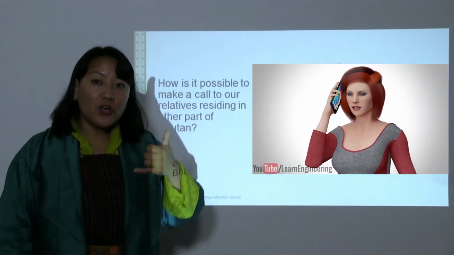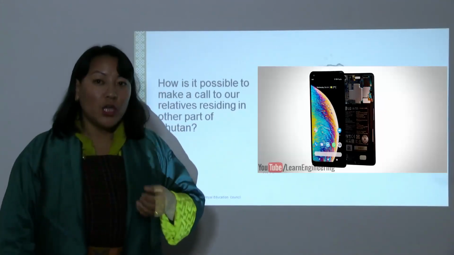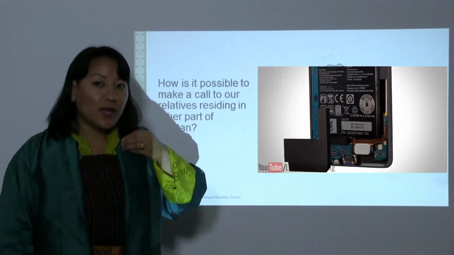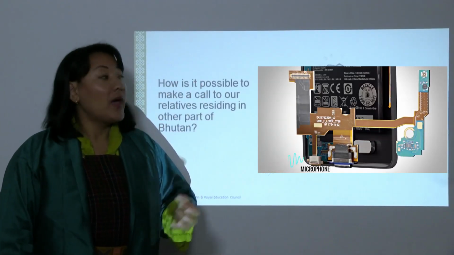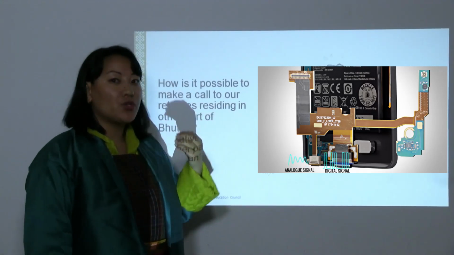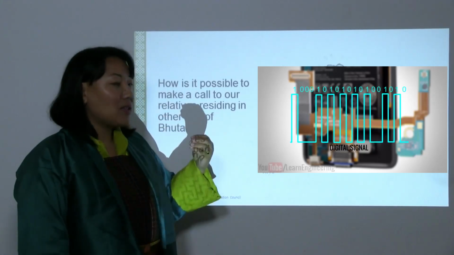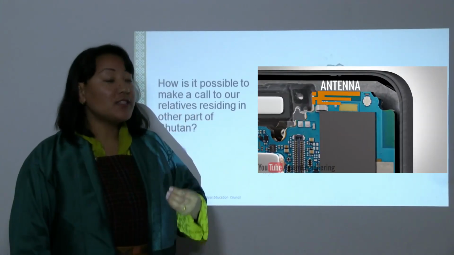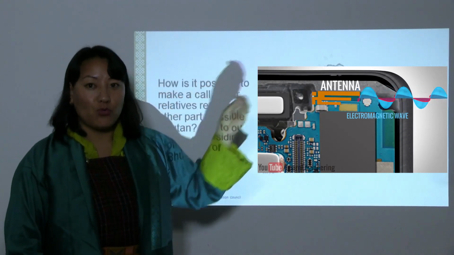Now, as you call your parents or relatives using your mobile phone, your audio is taken by the microphone in your mobile phone. And that microphone converts the audio to electromagnetic wave. This electromagnetic wave is fed into the antenna which is there in your mobile phone.